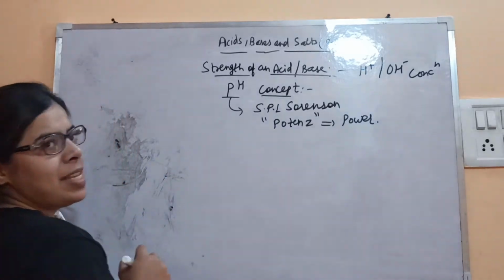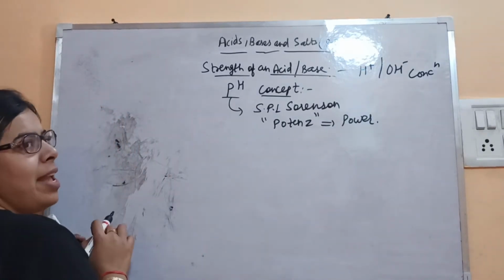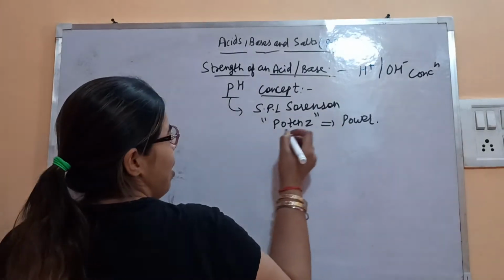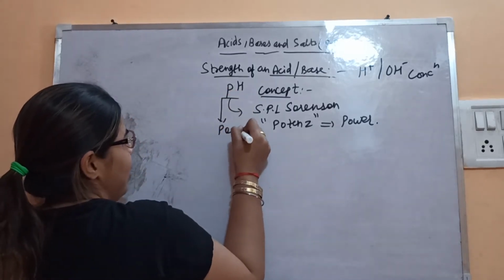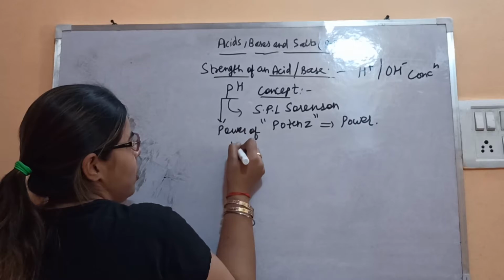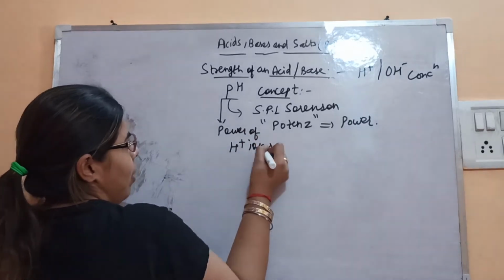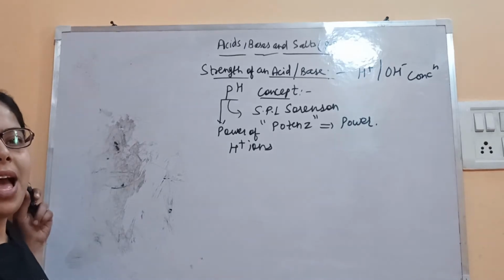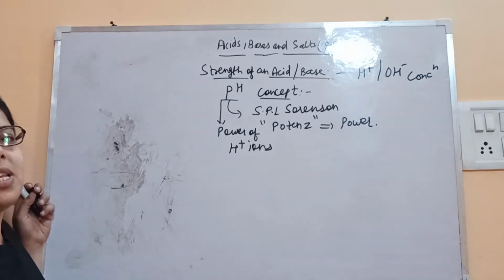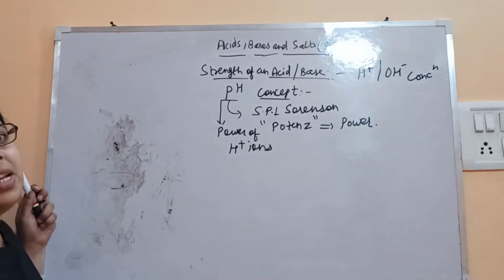Power of H plus ion. That's why it's written as pH, the power of H plus ion. More the H plus ion, more will be the acidic nature. Lesser the H plus ion, lesser will be the acidic nature.